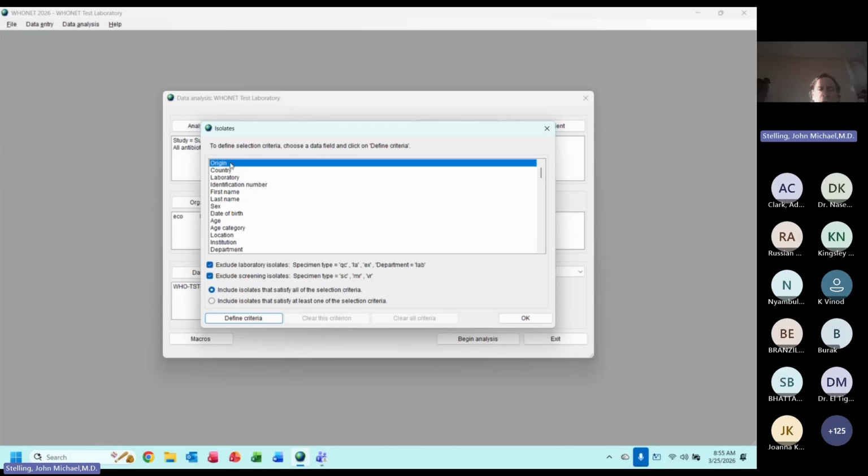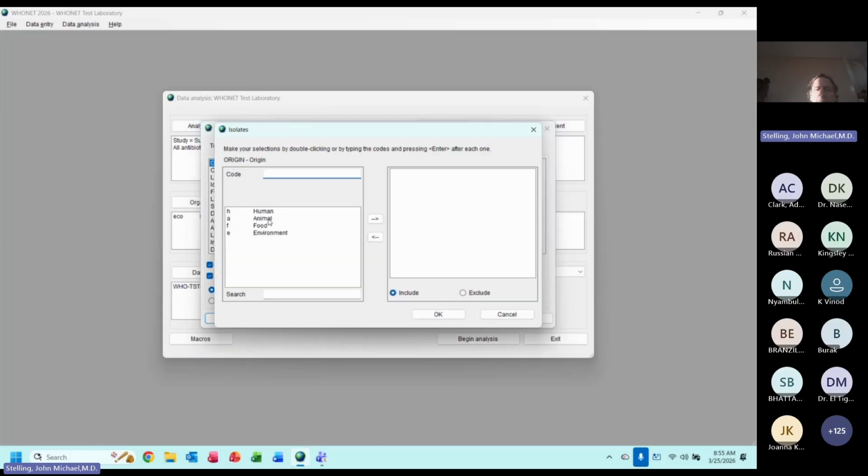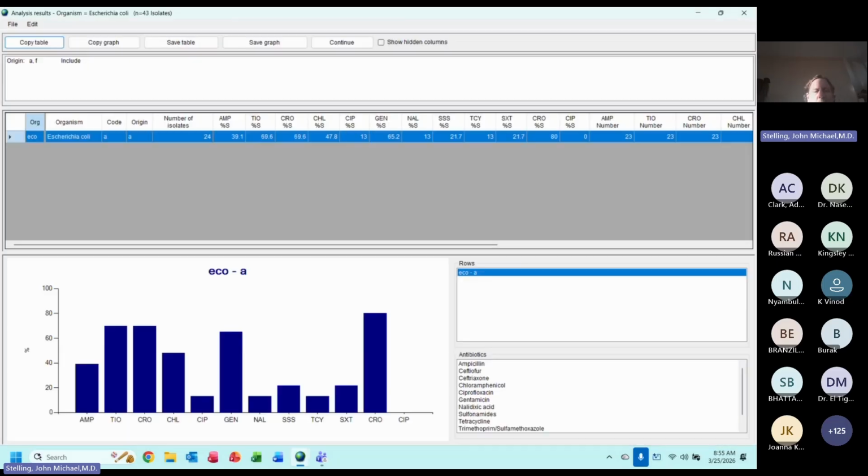So I can go to origin, and I say I only want the animal isolates, or the animal and the food isolates. I can include or I can exclude. I will do include. Okay, begin analysis. And apparently it only gave me animal because there were not a sufficient number of food isolates for what I requested. I'm going to click on continue.